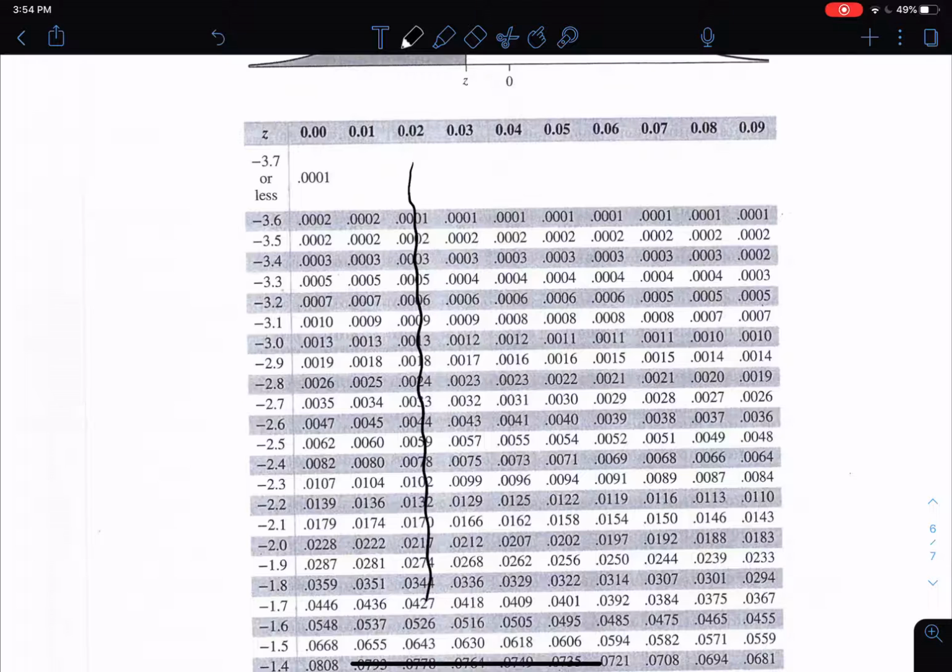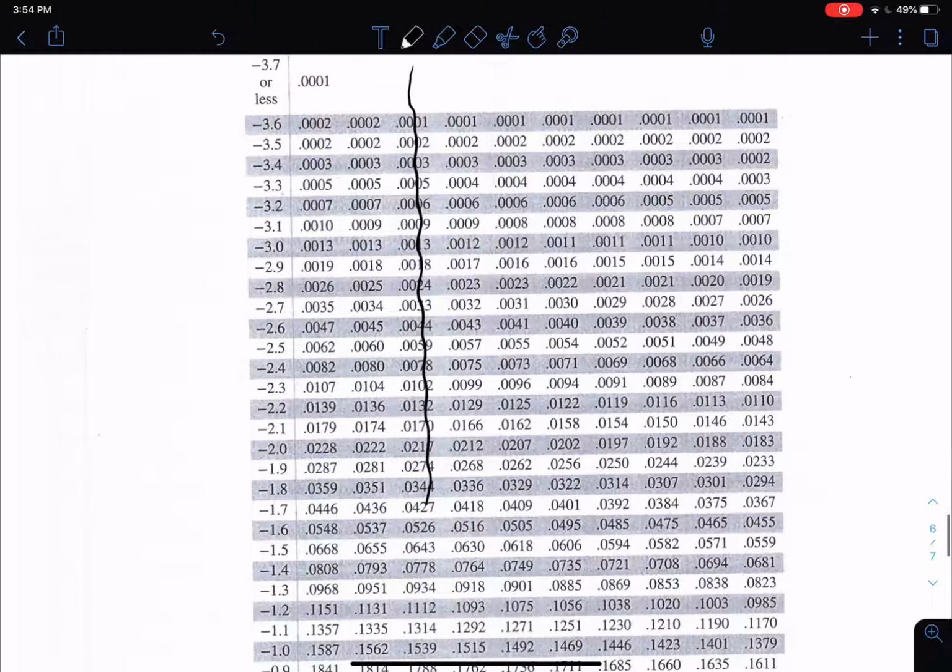So let me draw that down. Negative 1.12, that's the z value, and what does that give us? It gives us an area of 0.1314.